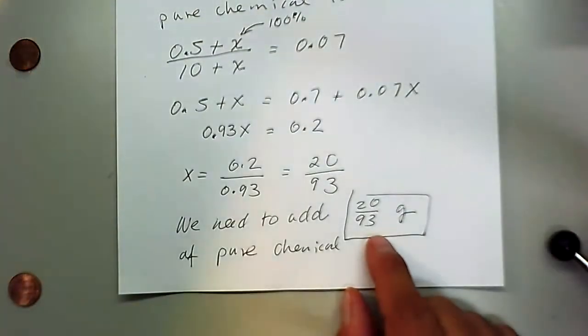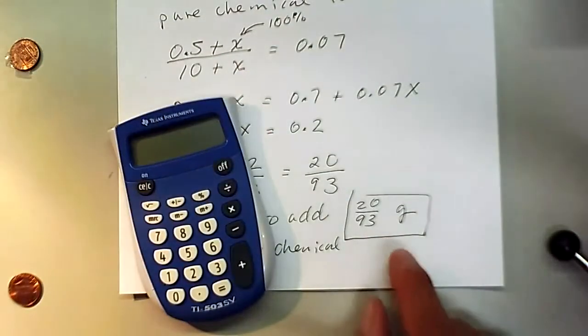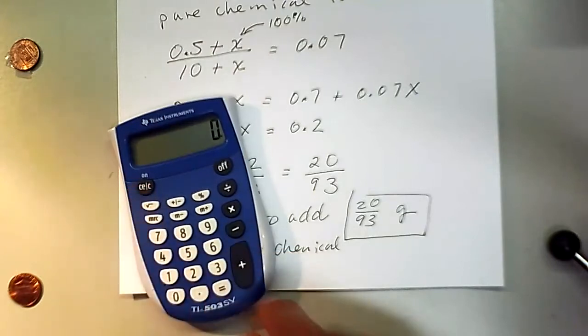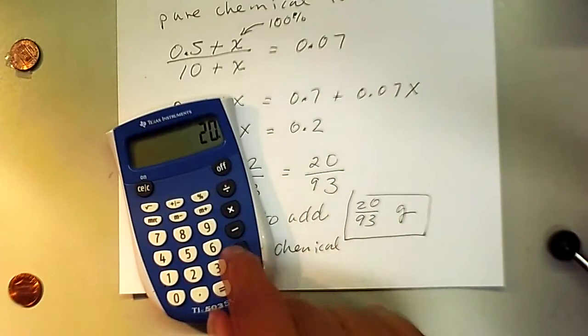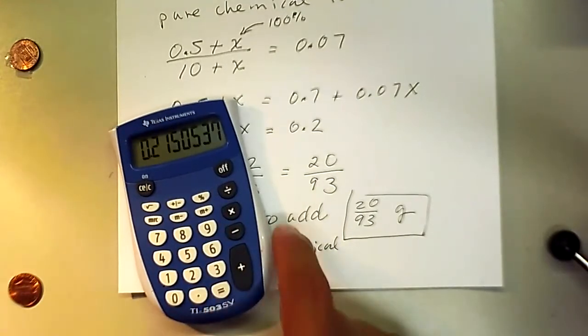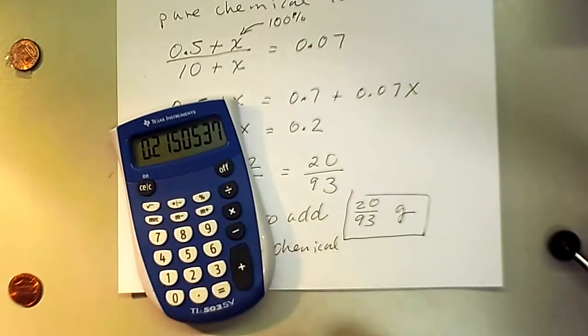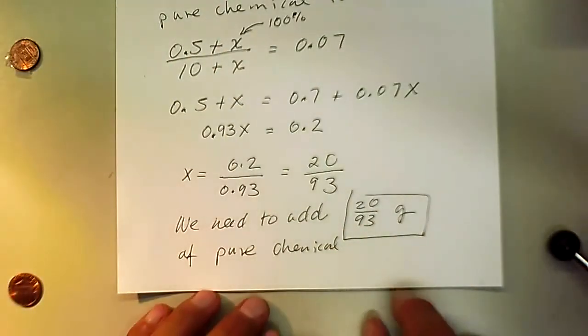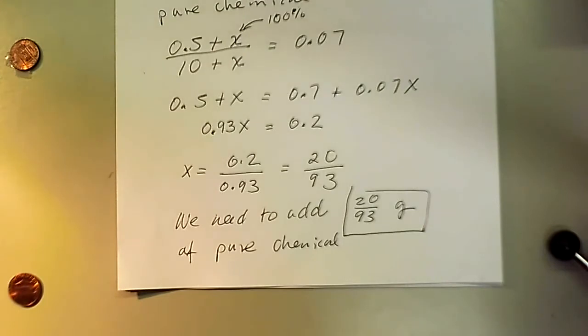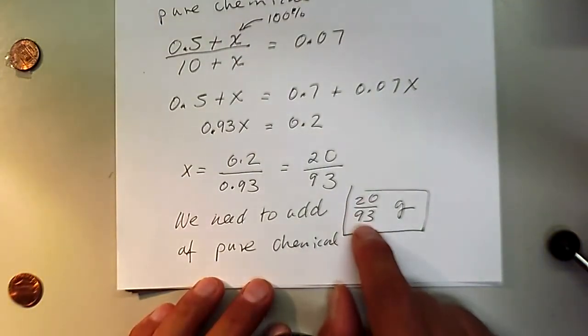I'm going to figure this out as a decimal without writing it down, just so we have an idea. So 20 divided by 93 gives us about 22 hundredths of a gallon. So about a fifth. Yeah, it's about 1/5. If this was 20 over 100, that would be exactly 1/5.